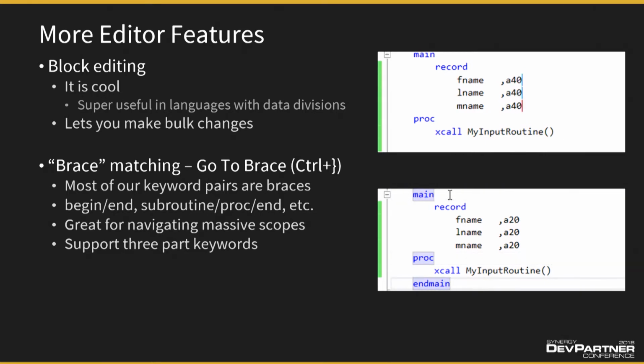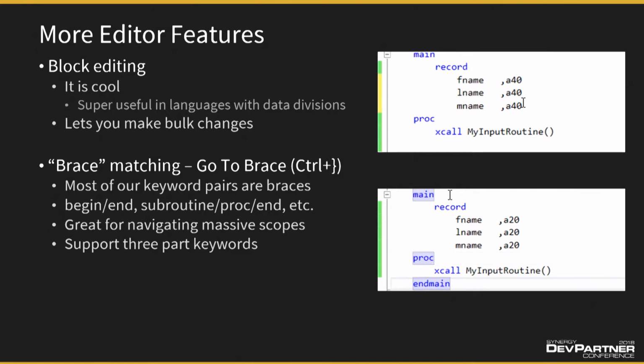And finally, this other one is an ideas feature that made it into 10.3.3f. It's called goToBrace. I know our language doesn't have braces in the same way as C or Java, but we do have keywords that very much fulfill the same purpose as braces. So now we offer brace navigation, or goToBrace, on as many of our keyword pairs or triplets as we could find good use for.